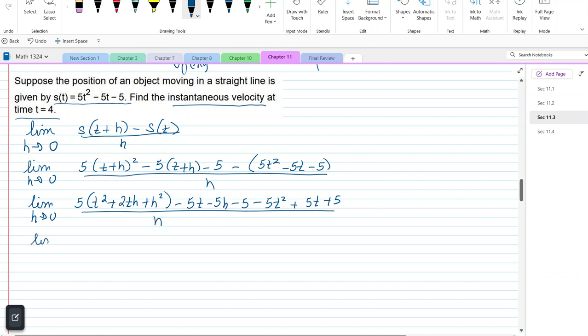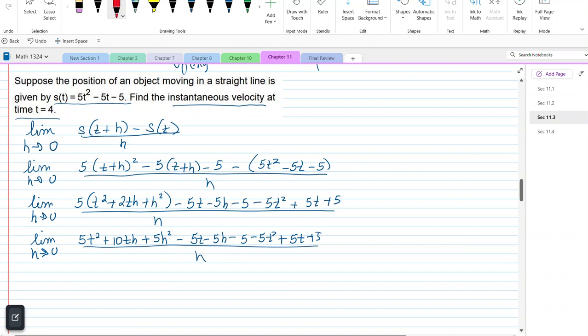We're taking the limit as h approaches 0. Distributive property: 5t squared plus 10th plus 5h squared minus 5t minus 5h minus 5 minus 5t squared plus 5t plus 5, all divided by that h.